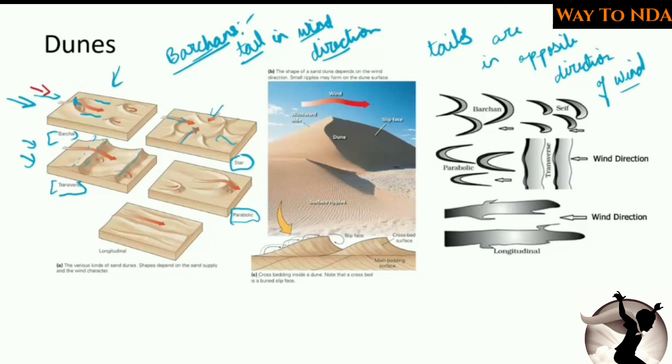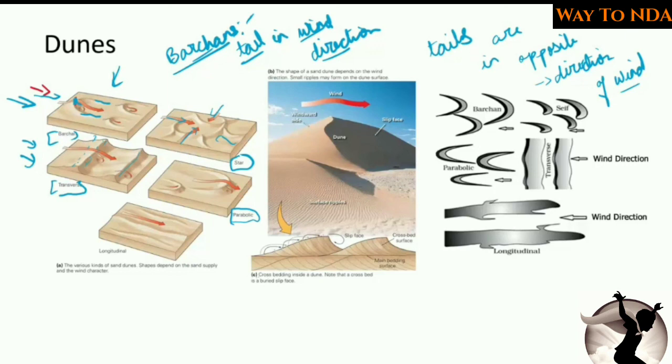Okay, tails are in the opposite direction. So the tails of a parabolic dune are in the opposite direction of the wind. For example, the wind is flowing in this direction, so at that time the tails of the parabolic dune will be in the opposite direction of the wind.